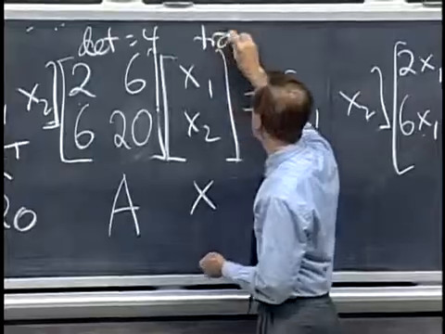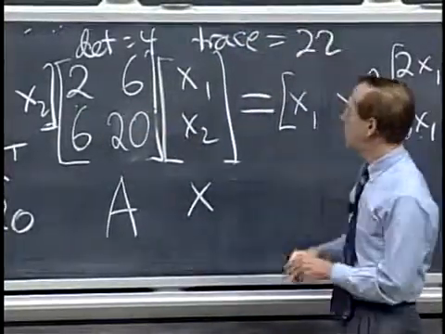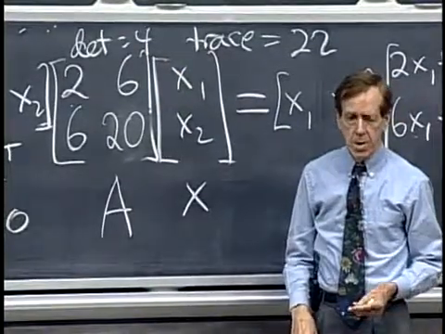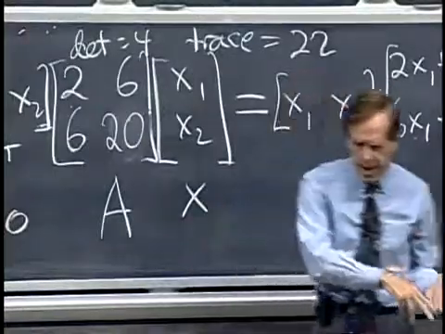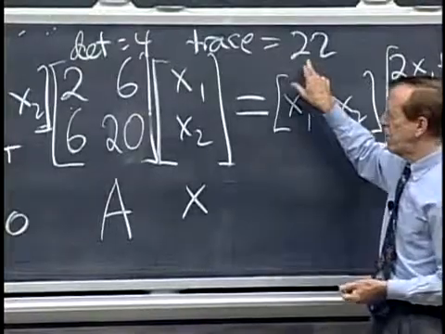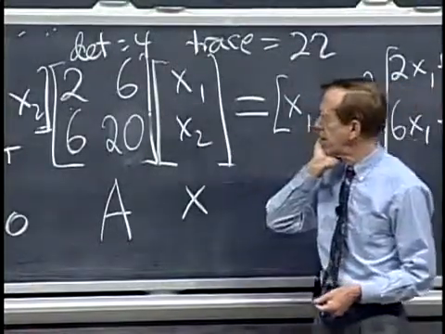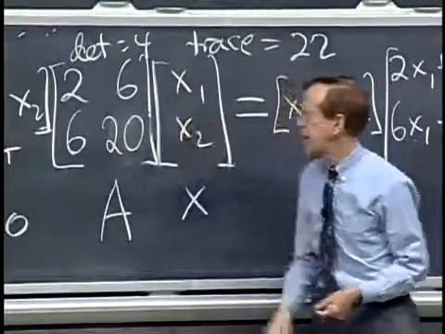And the trace, the sum down the diagonal, is 22. So they multiply to give 4. That leaves the possibility they're either both positive or both negative. But if they're both negative, the trace couldn't be 22. So they're both positive. Both of the eigenvalues there are positive. Both of the pivots are positive. The determinants are positive.